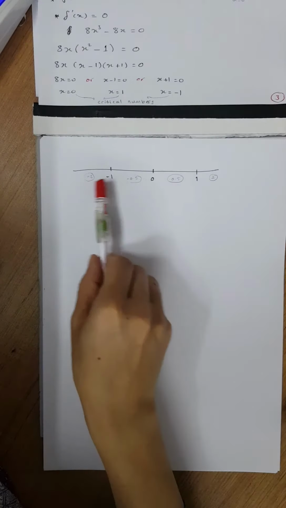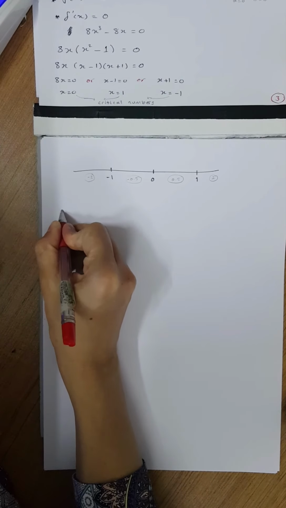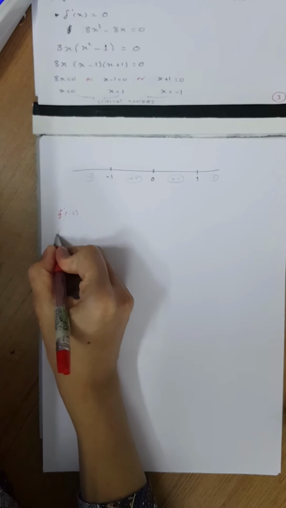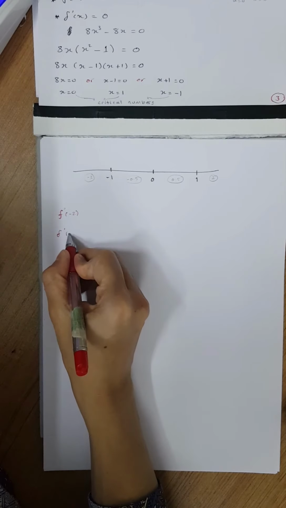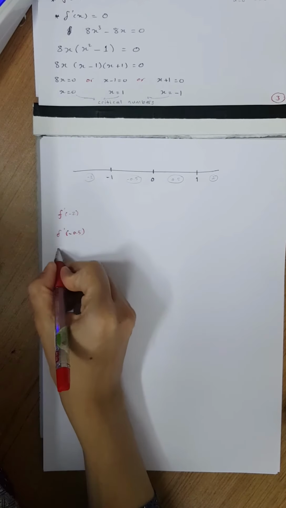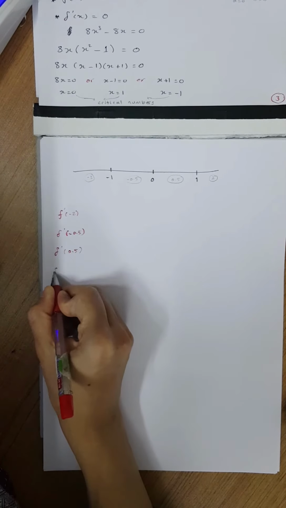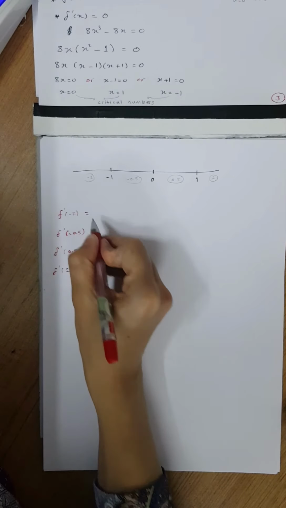Now, what shall we do? We shall put those test numbers in the first derivative of the function. So f prime of minus 2, we have to find f prime of minus half, we have to find f prime of half, and we have to find f prime of 2.